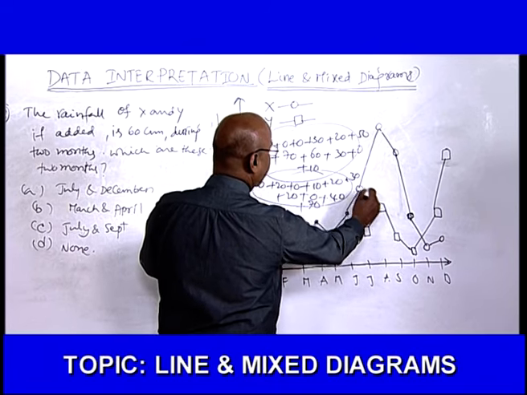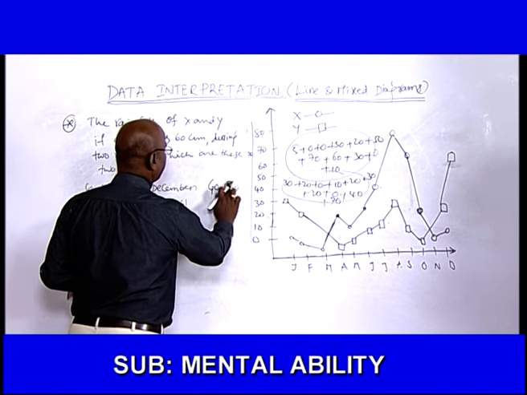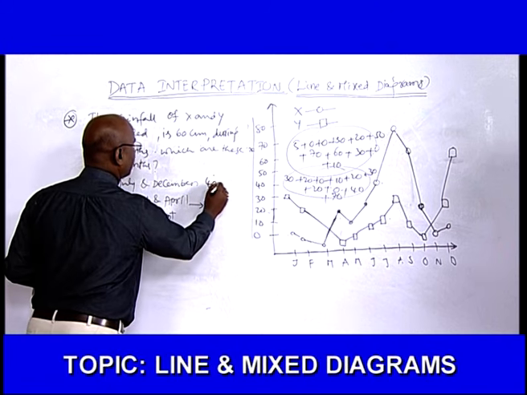So this is 40 and this is 20, 60 centimeters. 40 plus 20. And in the month of March and April, X is 0 and Y is around 10. So 0 plus 10.